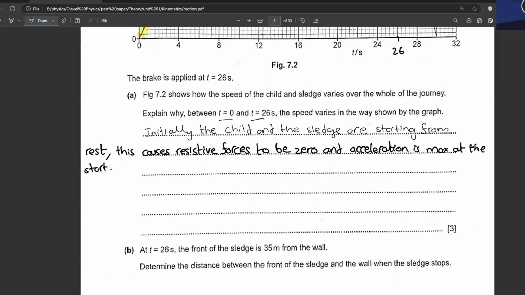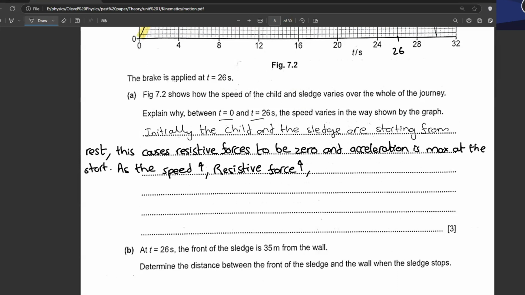As the speed increases, resistive forces increase. What will this do?